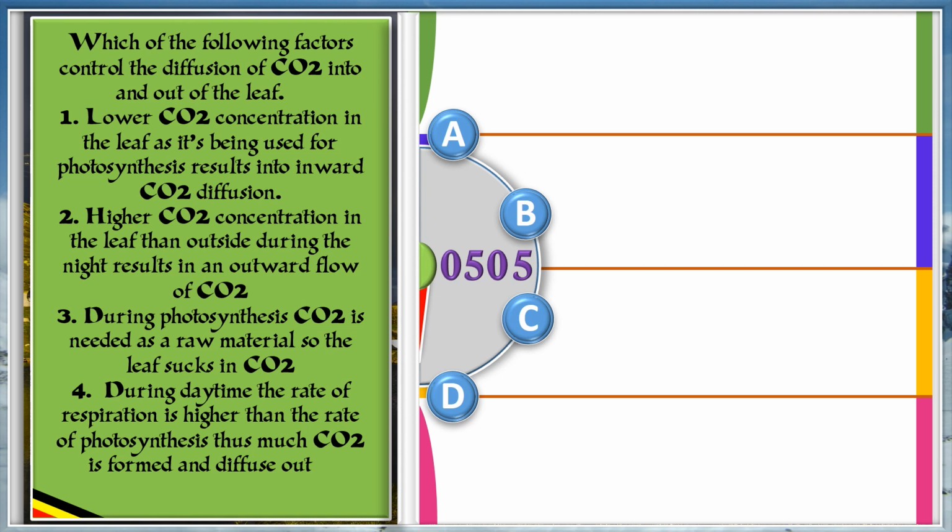During photosynthesis, carbon dioxide is needed as a raw material, so the leaf sucks in carbon dioxide. 4. During daytime, the rate of respiration is higher than the rate of photosynthesis. Thus, much carbon dioxide is formed and diffuses out.